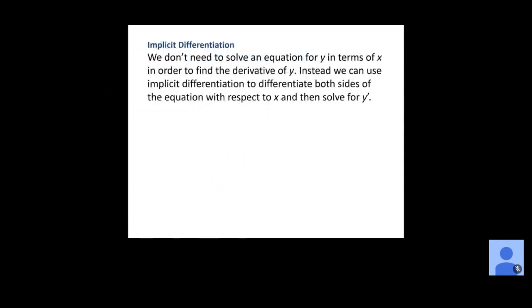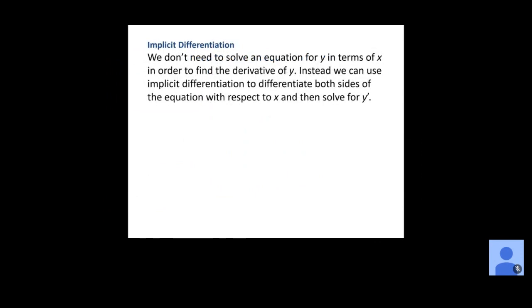So what we're going to look at now is, what if you have a function, or maybe even just an equation that's not a function, and you want to know its derivative? Okay, so in this case, we're going to have equations where maybe there's x's and y's on both sides. It's not easy to solve for y. How do we actually find the derivative of y in those cases?